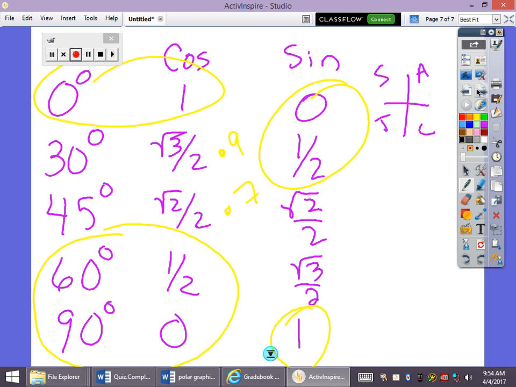So those are the numbers that I use. If it's a cosine graph, I plug in 0, 60, and 90. If it's a sine, I use 0, 30, and 90 to save myself time. You can do all of them. It's not necessary. The other beauty of this unit is everything is symmetrical. So once you know which axes it's symmetrical to, you can just kind of plot the points on both sides. Good? Okay.